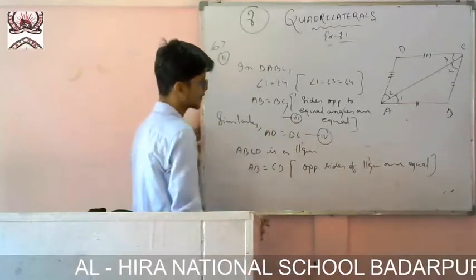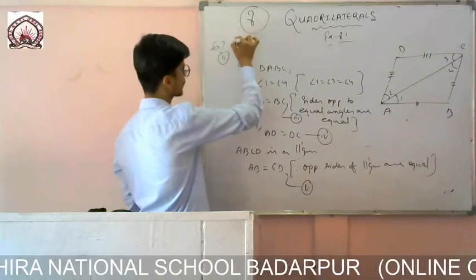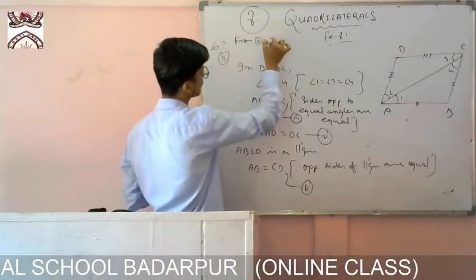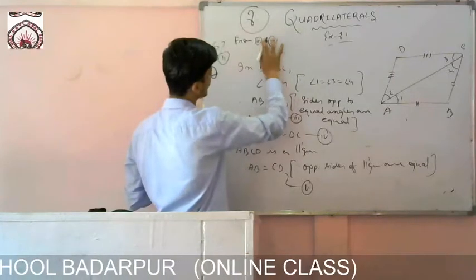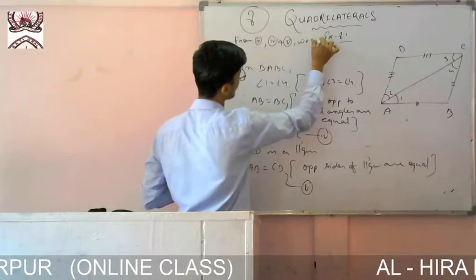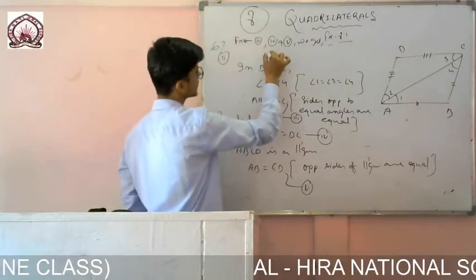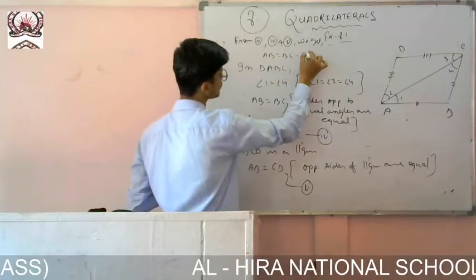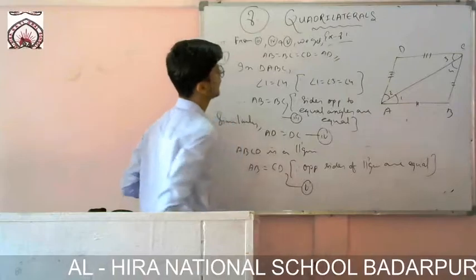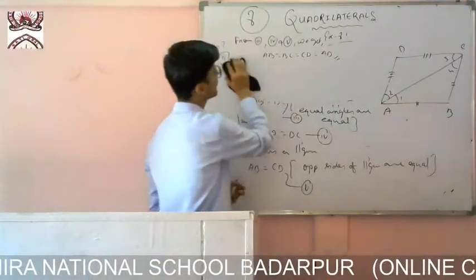So from 1, and from Roman 2, 3, 4, Roman 3, 4 and 5 we get AB is equal to BC is equal to CD is equal to AD.